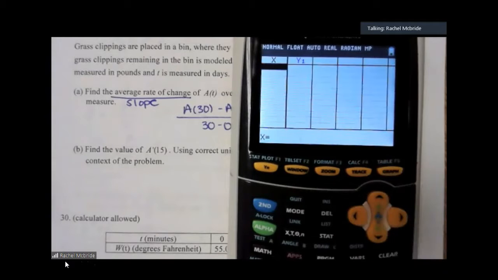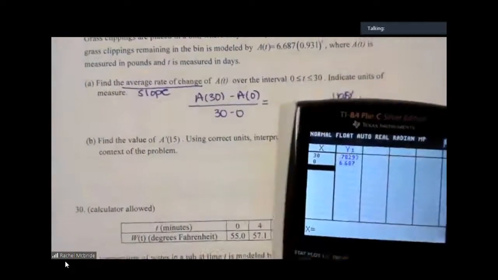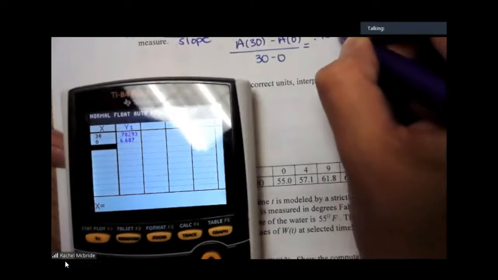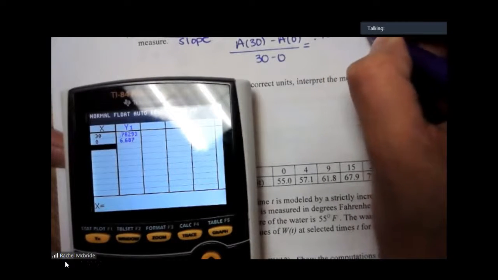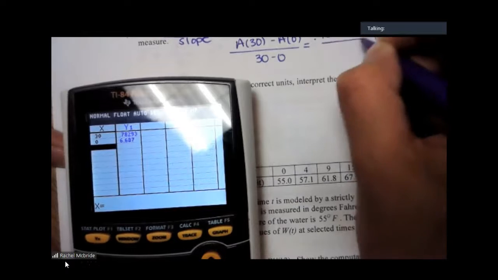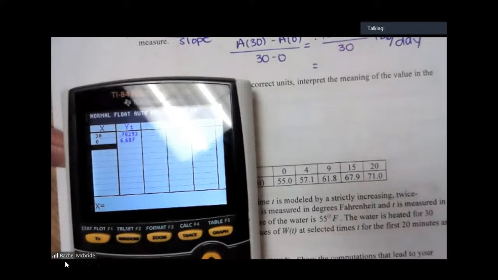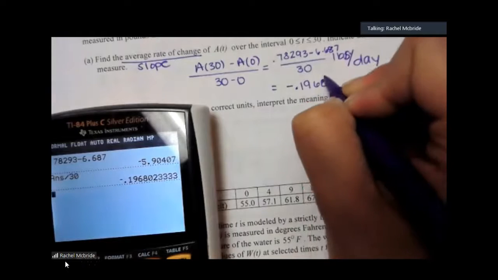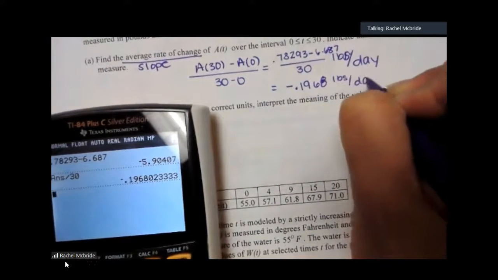And I can go to my table and do 30 and do 0. And you get negative 0.1968. And again, that's pounds per day.